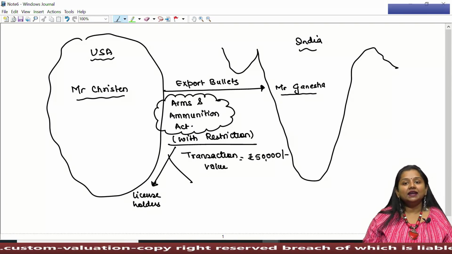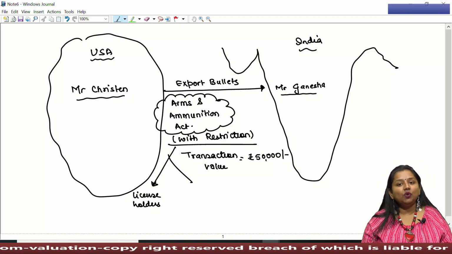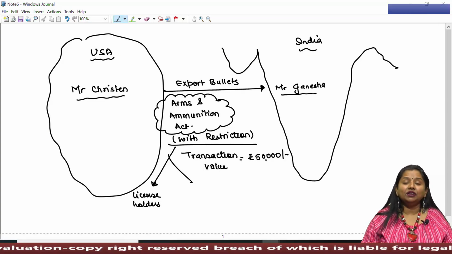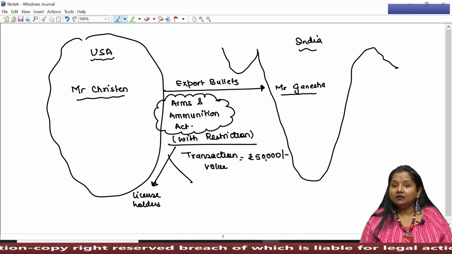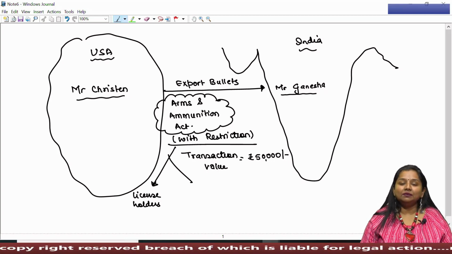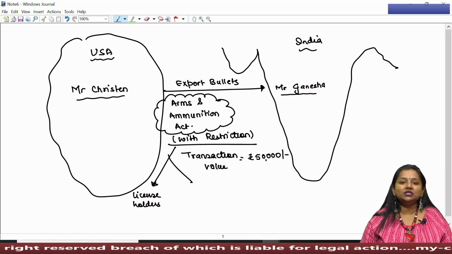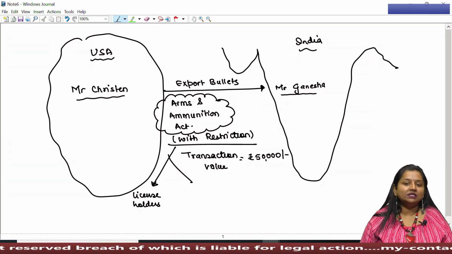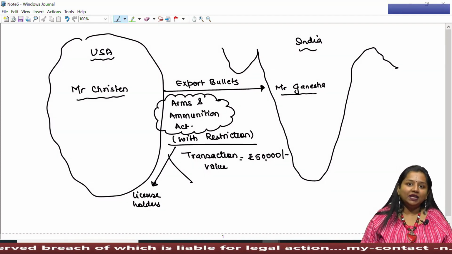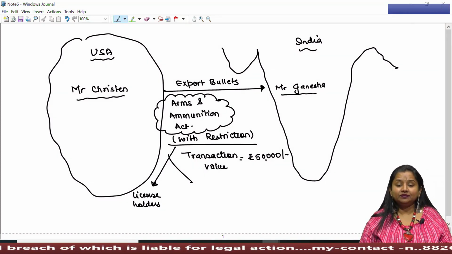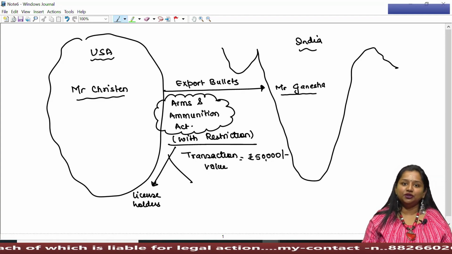If I say that Aishwarya Rai, travelling throughout the world, has an insecurity that one can kidnap her or something like that, then for her social security she can keep a pistol along with her after obtaining a license from the government under this Arms and Ammunition Act.